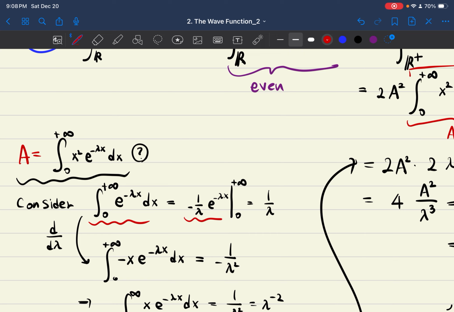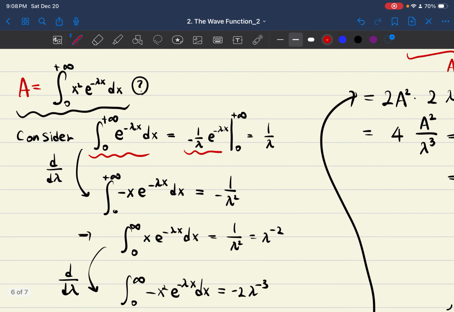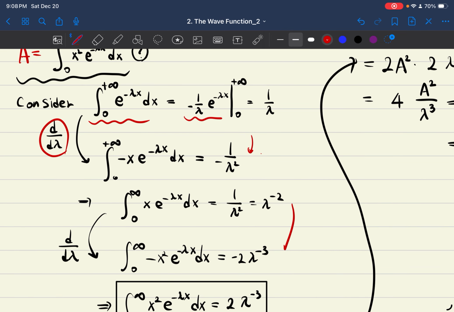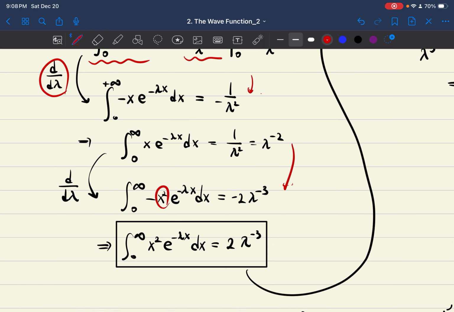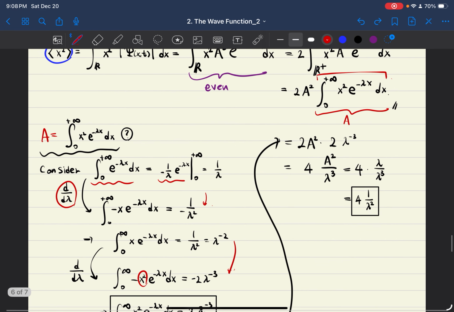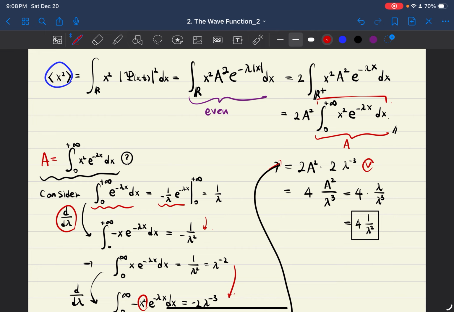We can just integrate this explicitly, and then differentiate both sides by lambda. And we get this, and one more time we get x squared popped out. So we get this. You can just plug in, and then we solved it. We found the expectation value of x squared.